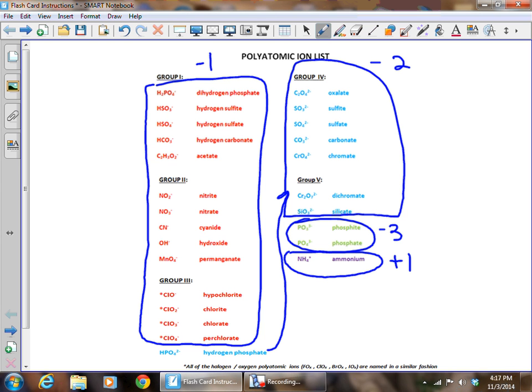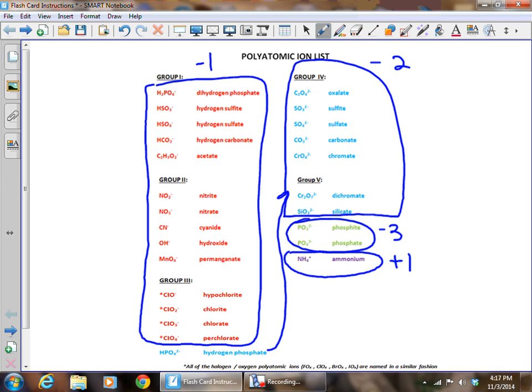These are not grouped by group number. They're grouped by color, if you will, on here. They're grouped by the charge. They don't have to be these colors. You don't have to use red, blue, green, and purple. You can use any colors you want. You can do it one of 2 ways. You can have 25 flashcards in 4 different colors.